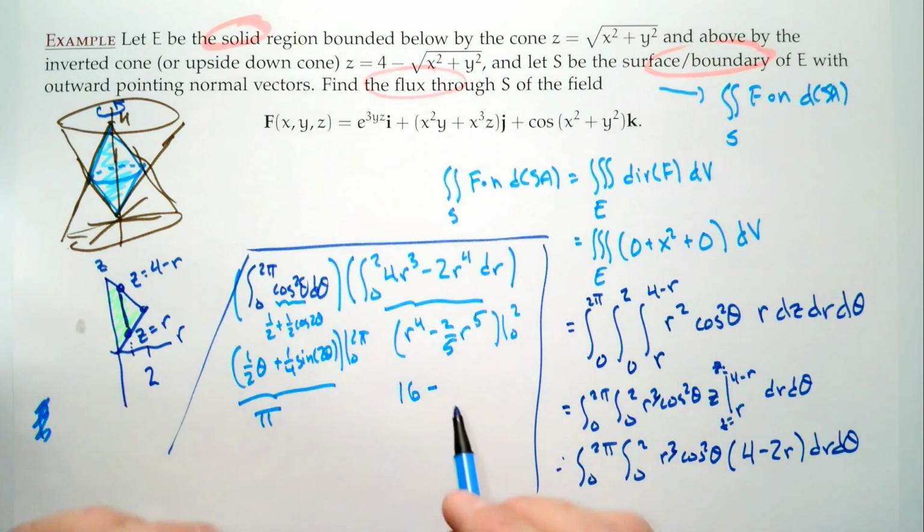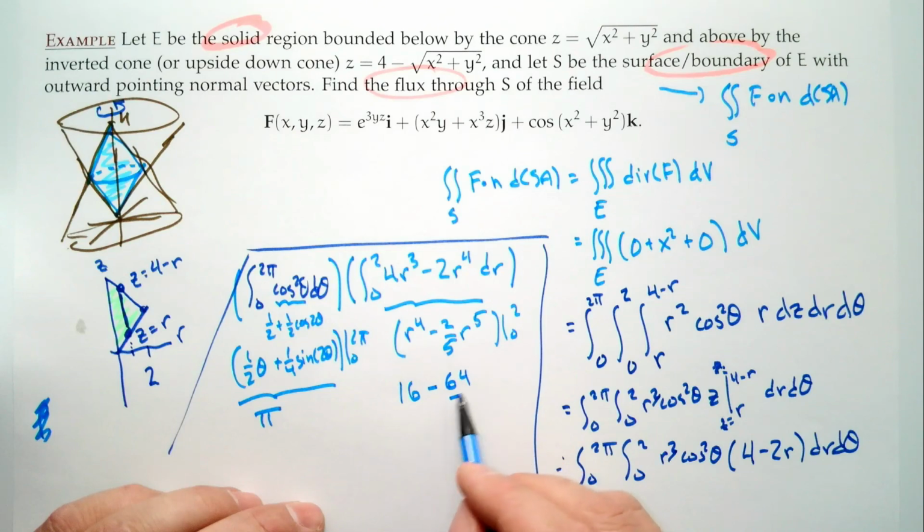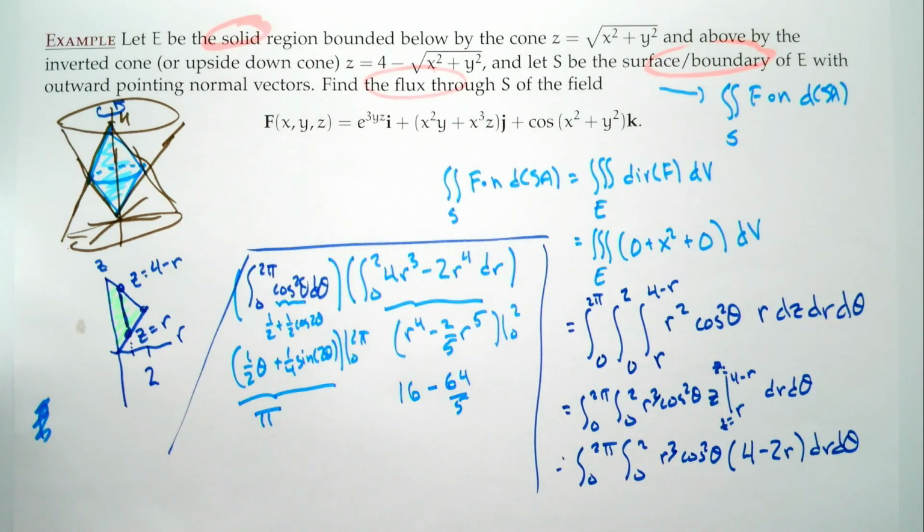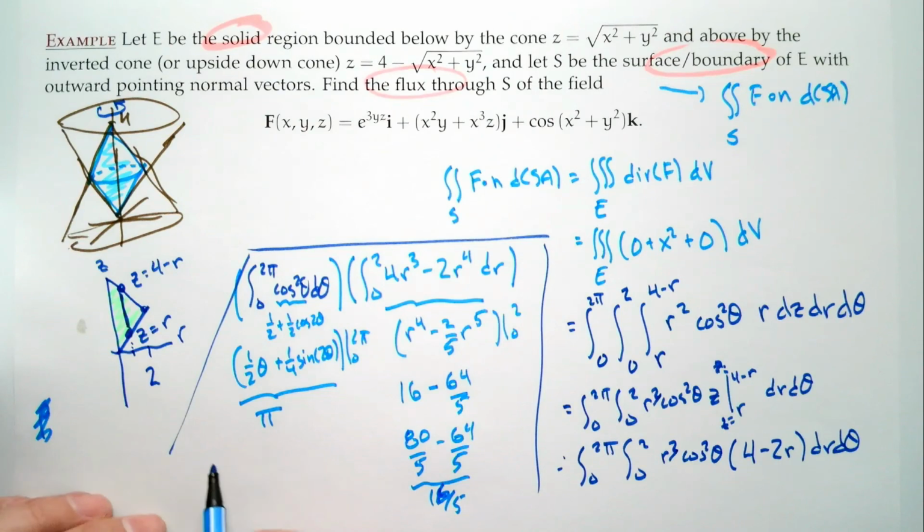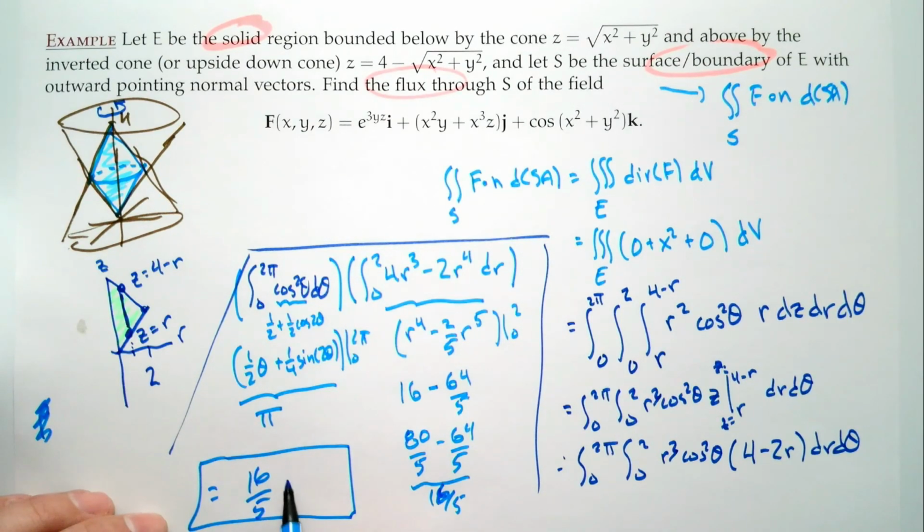So that's 16 minus 64/5, I believe. 2 times 32, 64. That's true. 16, by the way, is also known as 80/5, minus 64 fifths, giving us a total from the second part of 16 fifths. Put those two together, and our final answer is 16 fifths pi.